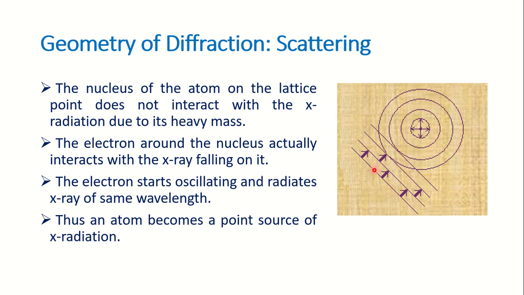That means this distance is 1 lambda, and this distance is also 1 lambda. But this wavefront is planar and this wavefront is spherical. Thus an atom becomes a point source of X radiation, from where X-ray is scattered in all directions spherically.